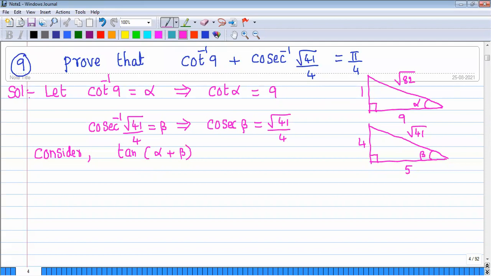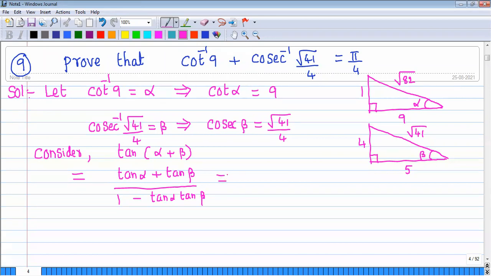Tan A plus B is tan A plus tan B by 1 minus tan A tan B. That means tan alpha plus tan beta upon 1 minus tan alpha tan beta.